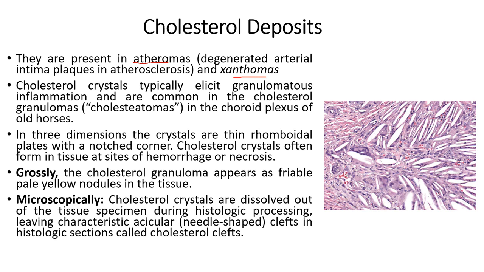Okay, so whenever cholesterol crystals are deposited into some organs or into the wall of arteries, the body will deal with them as a foreign body. Inflammatory cells will go to that area to get rid of them.